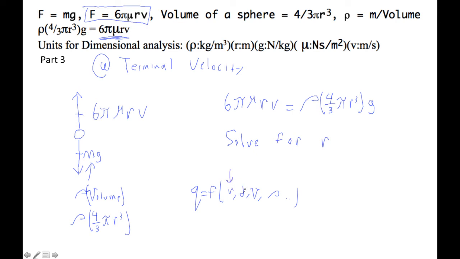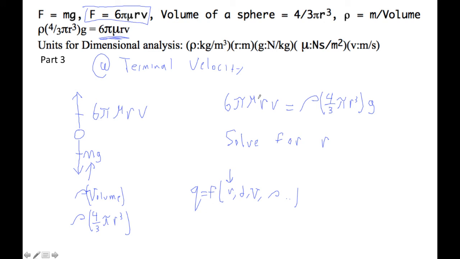The plates, we could measure how far they were apart, the voltage across them, the density of the oil. All of those things we could measure, but the radius we couldn't. So what he did was he shut the voltage off and let them fall. Big drops fall faster, small drops fall more slowly, and this equation got him the radius. From the radius, you could calculate the charge, and from graphing the charge, you could actually determine the charge on a single electron, which is kind of an amazing thing.